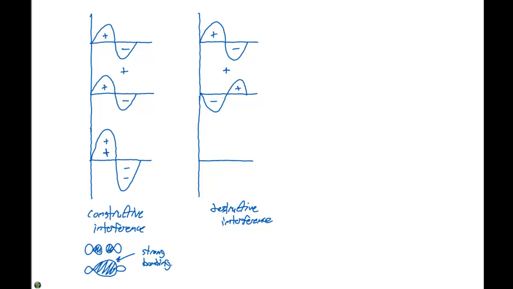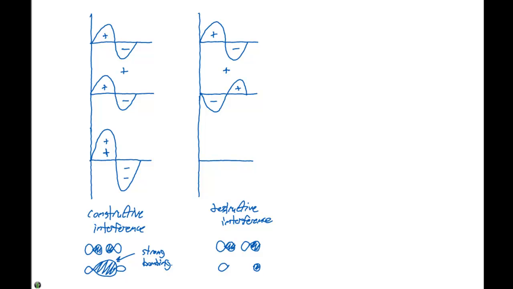If, on the other hand, we have two orbitals that come together with opposite phase, where the two waves destructively interfere, we get something that looks like this, with no electron density in the center section.